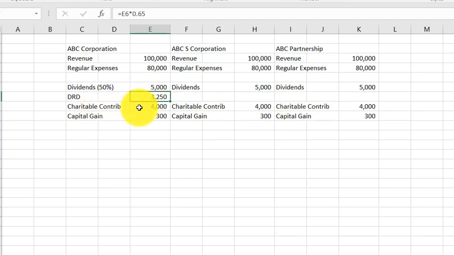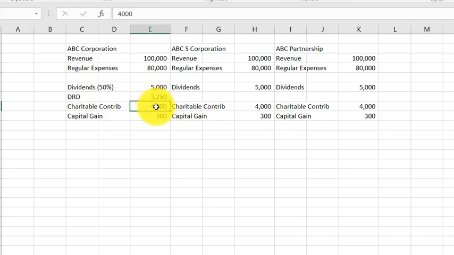So charitable contributions are going to be, again, subtracted. Now, under a C corporation, they're limited to 10% of the income after the DRD. So you take 20,000, add the dividends, subtract the DRD.